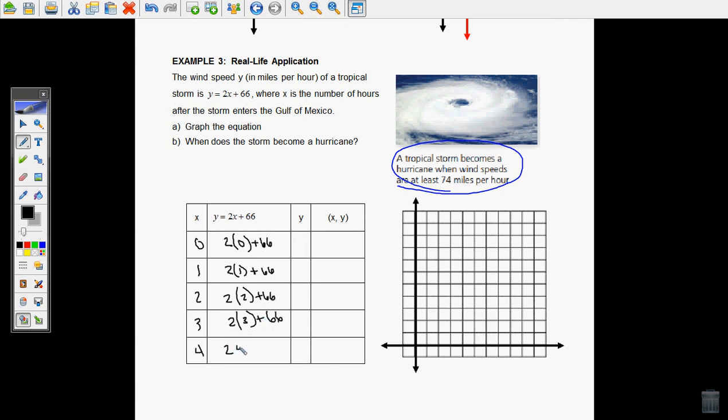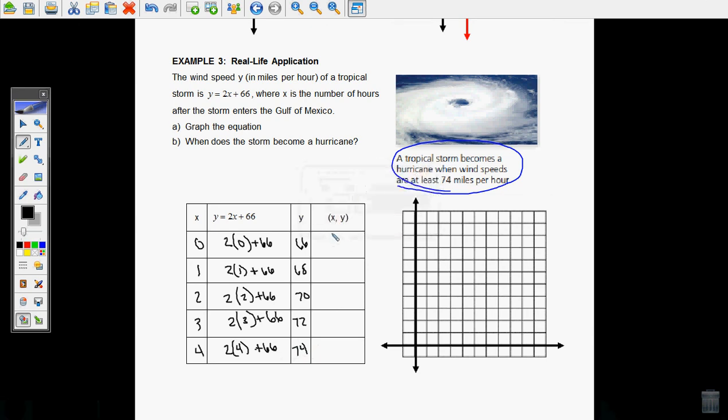And 2 times 4 plus 66. Very good. So now, what does the y actually evaluate to? Here it's going to be 66. Here it's going to be 68. Here it's going to be 4 plus 66, which is 70. Here it's going to be 6 plus 66, which is 72. Here it's going to be 8 plus 66, which is 74.